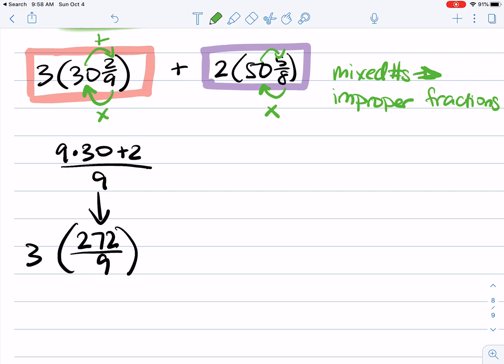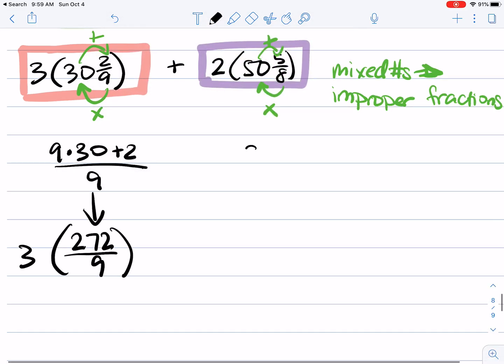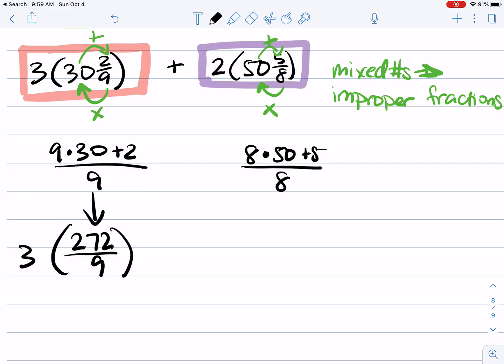Multiply 8 times 50 and then add 5. So 8 times 50 plus 5, all of that over 8. Okay, so 8 times 50 is 400. 400 plus 5 is 405 over 8. And then we're going to multiply that by 2.